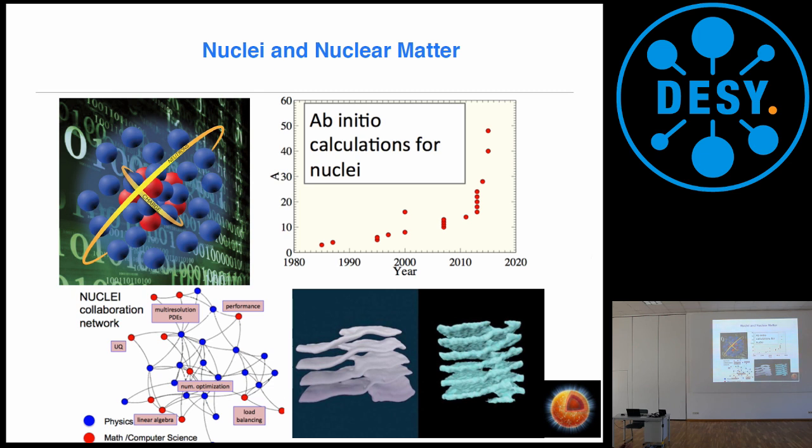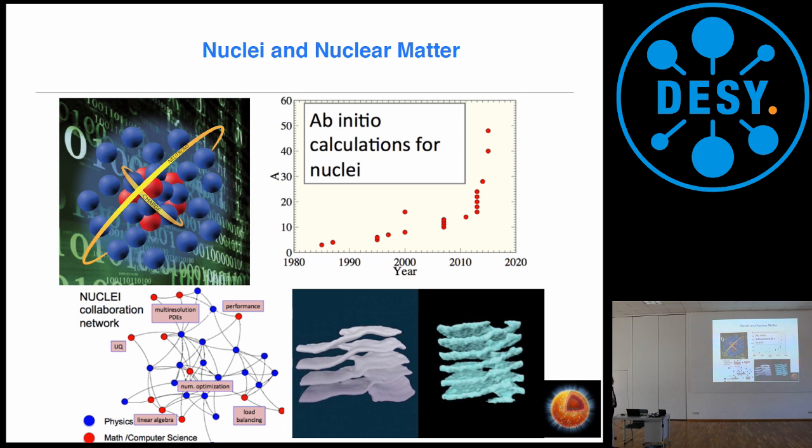So if you look at the progress we've made in performing computations of basic properties of nuclei over the last 30 years, this is a figure showing the size of the nucleus versus year, and you see that there's been steady progress, and then it's really picked up recently. And the recent pickup was for a couple of reasons.